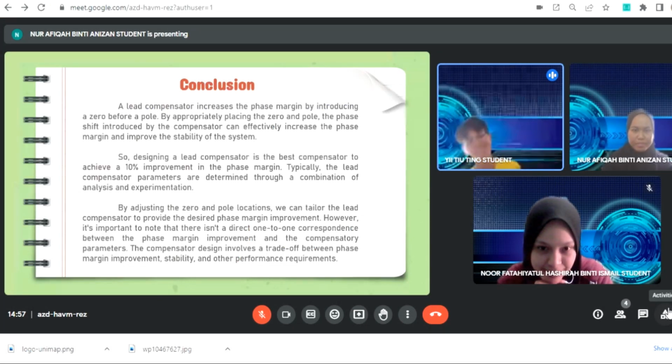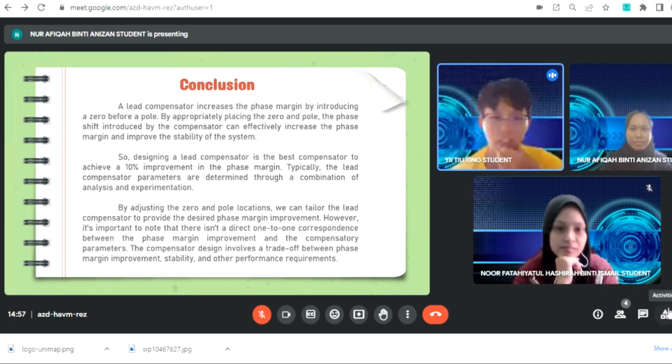In conclusion, a lead compensator increases the phase margin by introducing a zero before a pole. By appropriately placing the zero and the poles, the phase shift introduced by the compensator can effectively increase the phase margin and improve the stability of the system. So designing a lead compensator is the best way to improve the phase margin compared to the lag compensator. Typically, the compensator parameters are determined through a combination of analysis and experimentation.